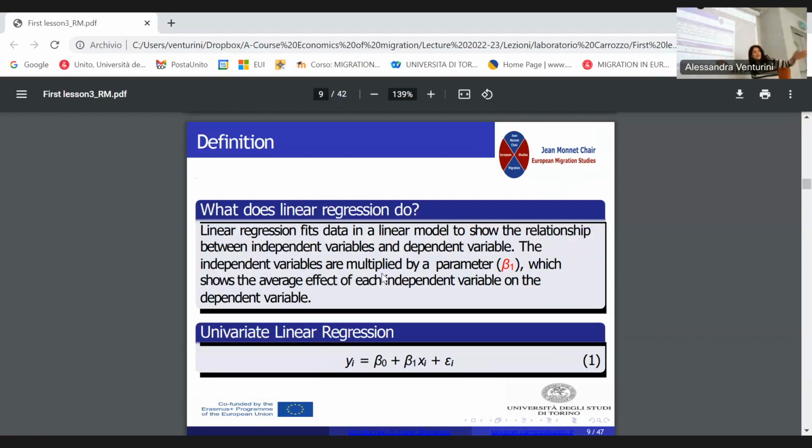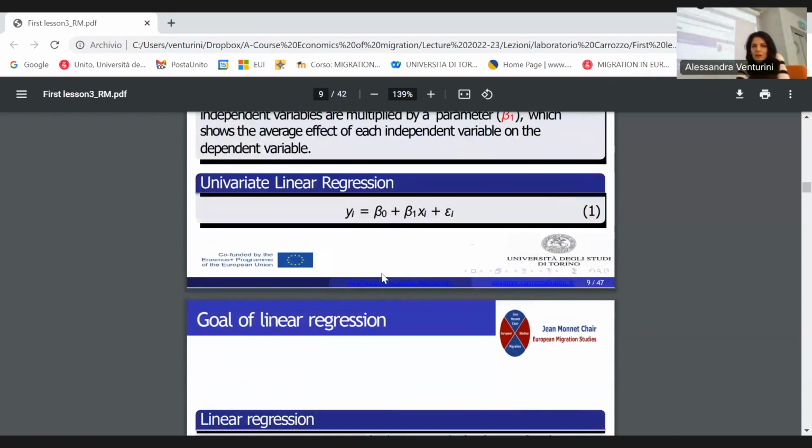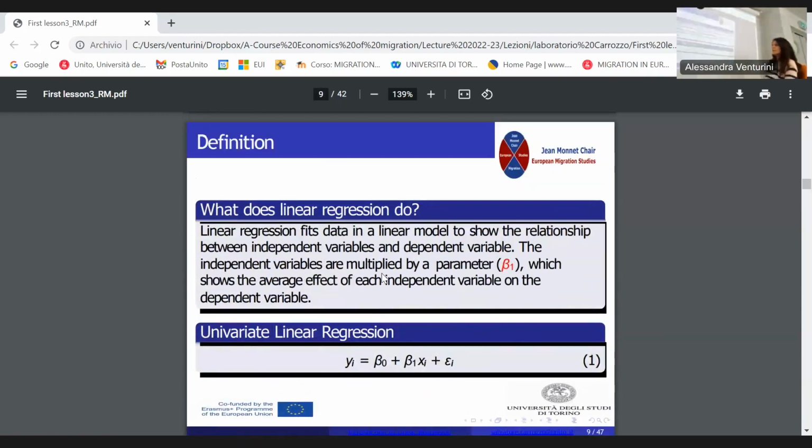For instance, every year the height of a person increases by 10 centimeters, 20 centimeters, and beta is exactly this: how many centimeters of height one year is transformed into.